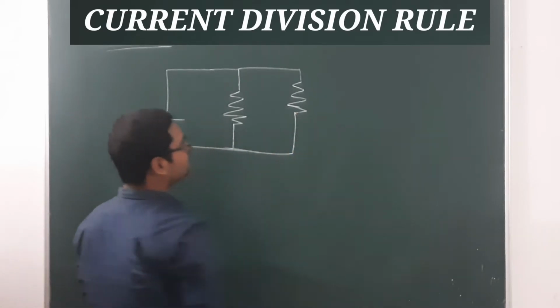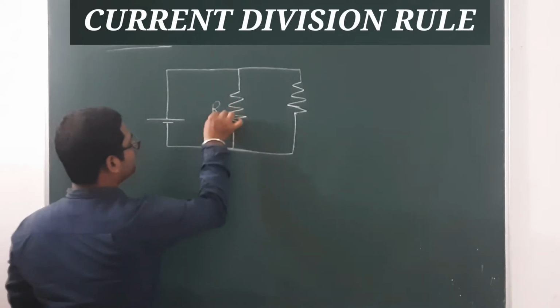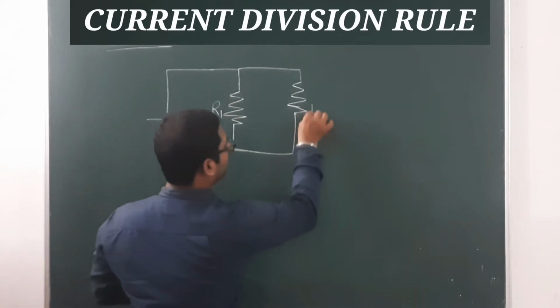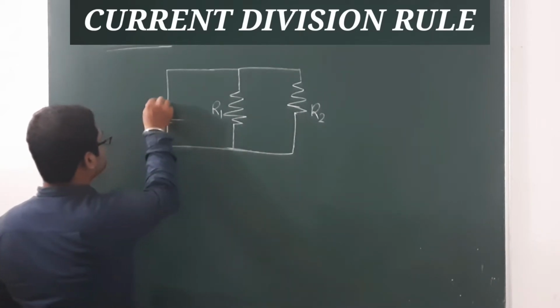This is the circuit, and we have two resistances: this one is R1, this one is R2, and this is the supply voltage V.